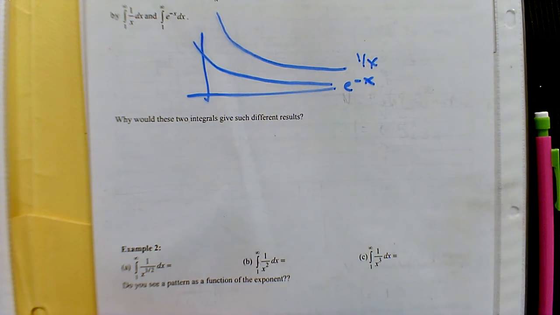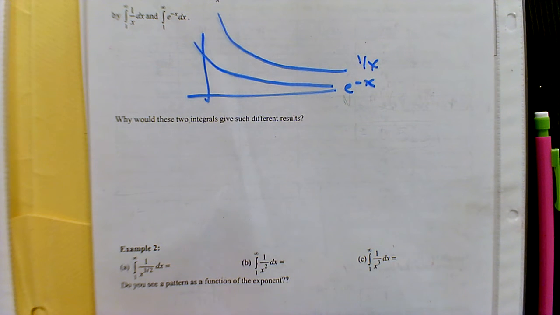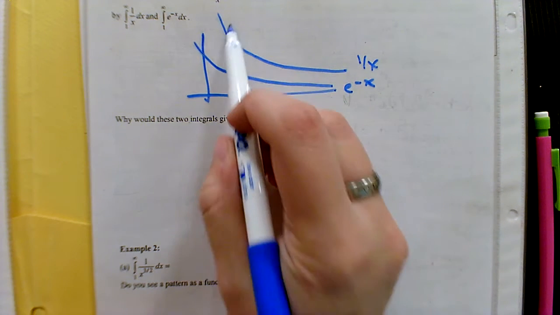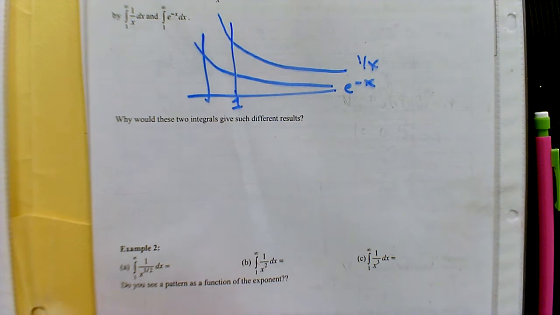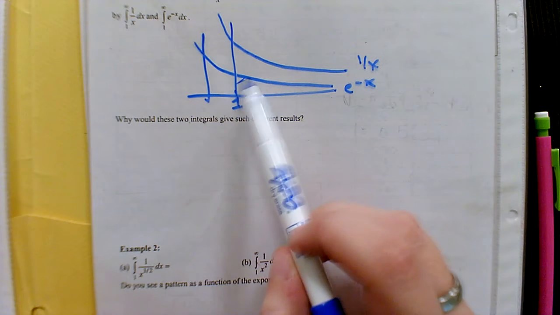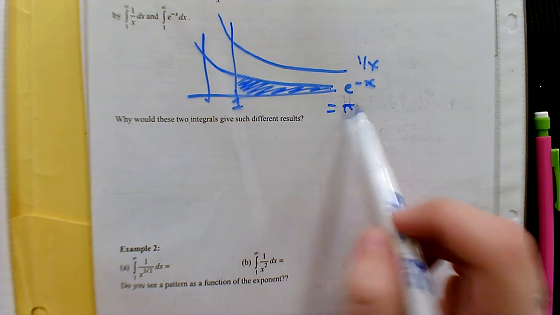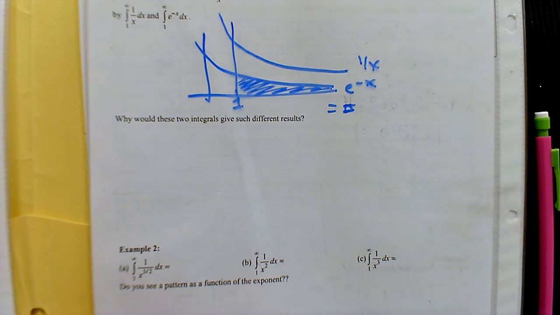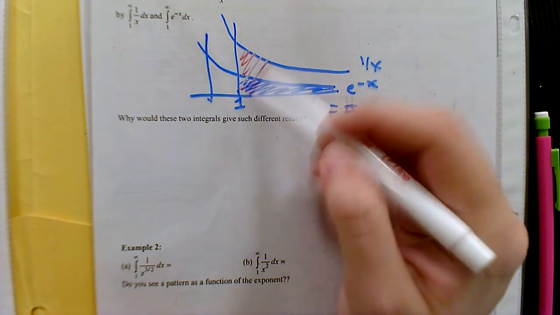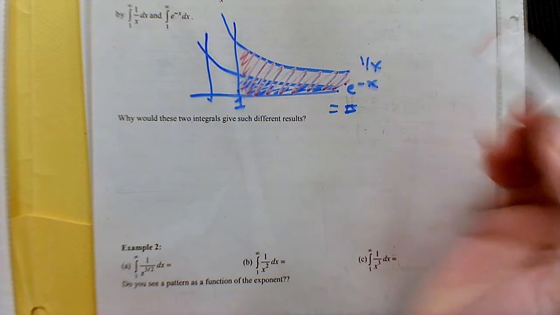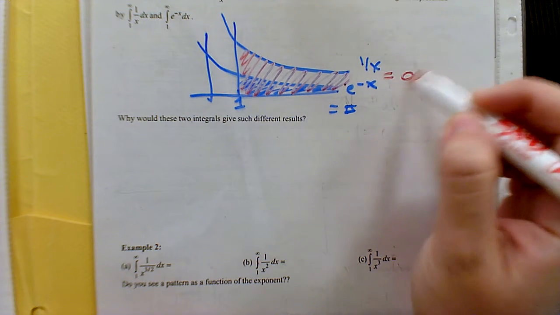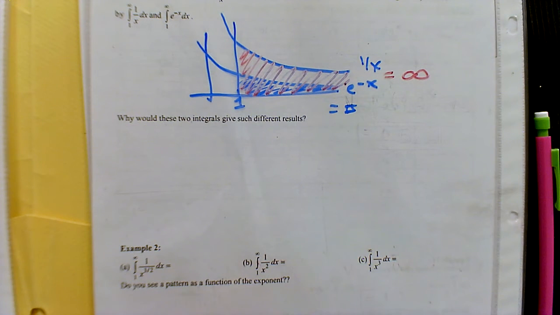We saw how they both had a similar shape in terms of their graph, but when we were analyzing the area under the curve, somehow this area was finite, like it equaled a number, whereas if we looked at this area, that equaled infinity. It wasn't finite, it kept going on and on and on.